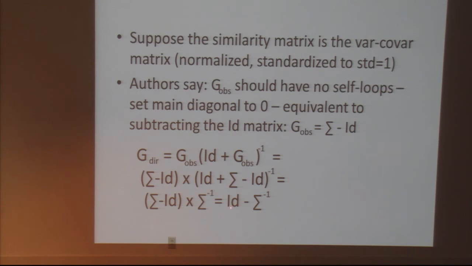And in the end, I'm left with the identity matrix minus the inverse of the variance-covariance matrix. So if you now forget the identity, their whole procedure amounts to inverting the variance-covariance matrix. And that's what I meant to say. It is very hard to come up with a totally new method, because this variance-covariance business is so fundamental that it just solves the problem.